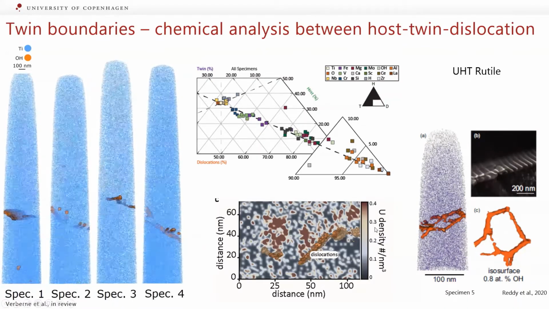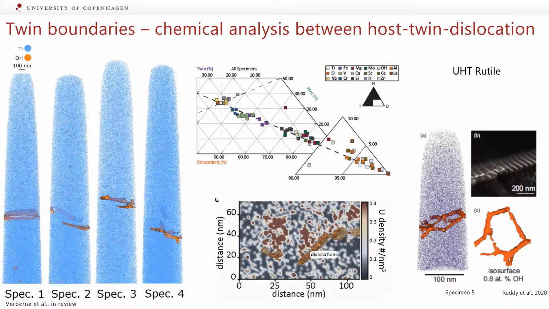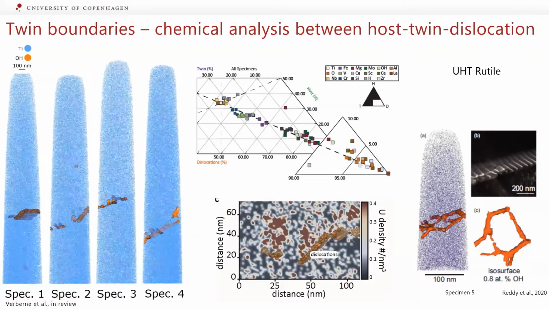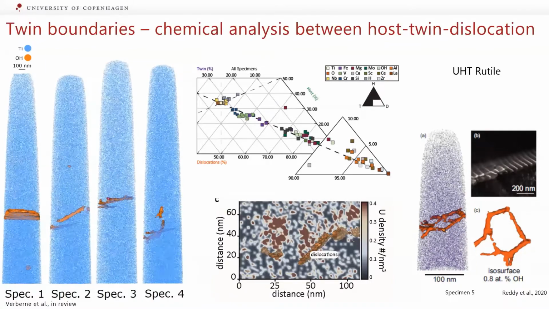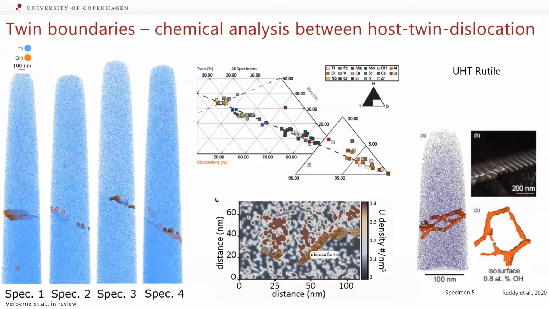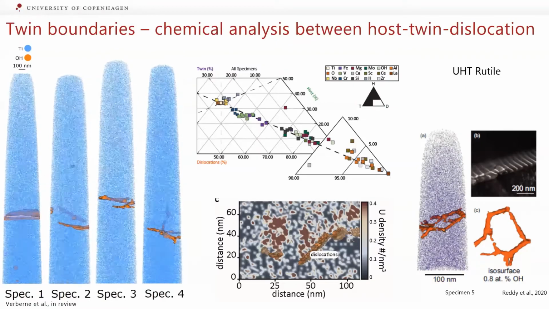And here we also show that there is again a nice correlation between using Atom Probe and TEM, where you can see similar kinds of structures, both as enrichment in trace elements and in structure of the dislocations.